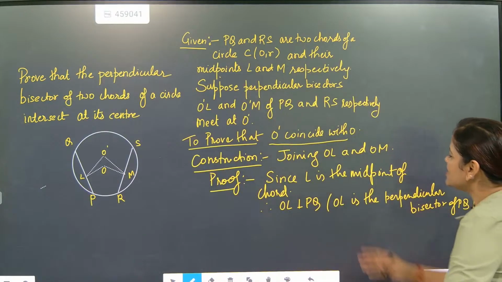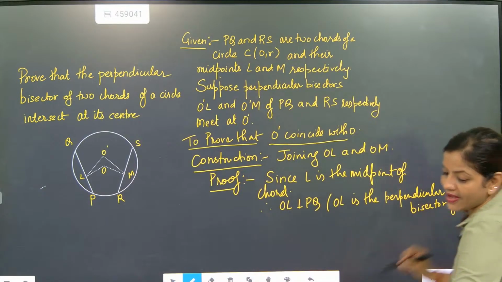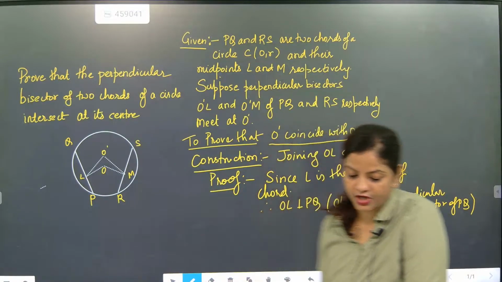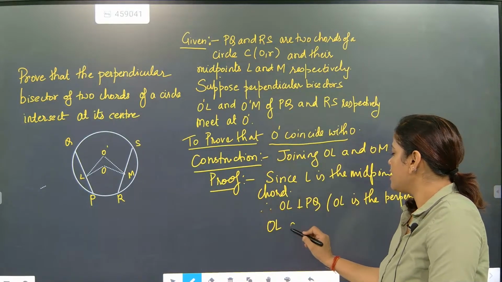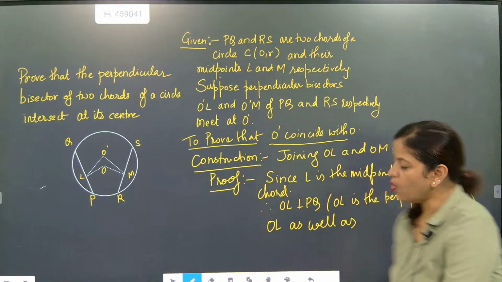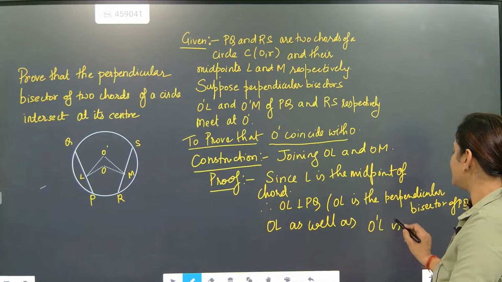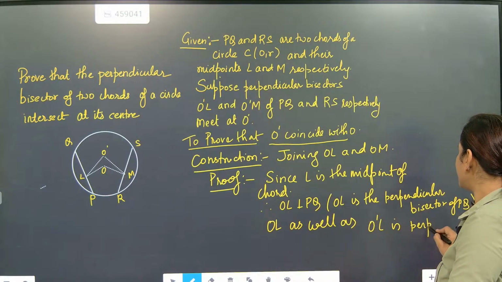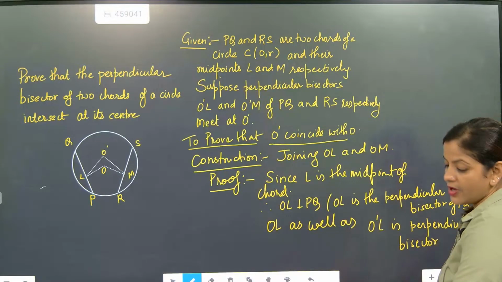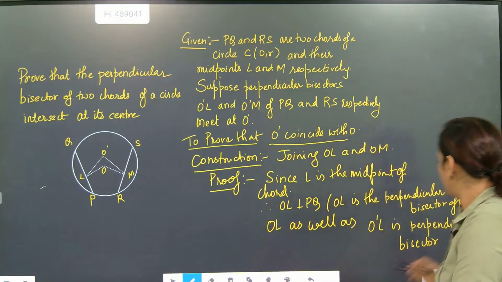Okay, so OL is the perpendicular bisector of PQ. That means OL as well as O dash L are perpendicular bisectors of PQ.